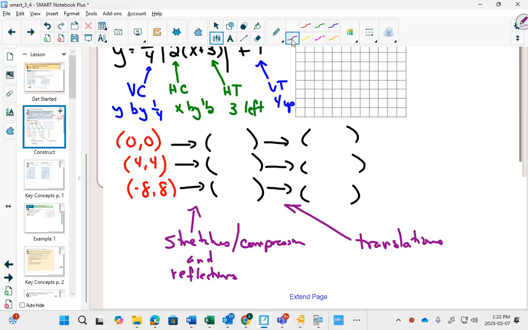This will allow us to make less mental math errors. And then above each of these, I'm going to write what's happening. So what's happening for stretches and compressions? I need to multiply my x by 1/2 and my y by 1/4. What about my translations? I'm going 3 to the left and 4 up.